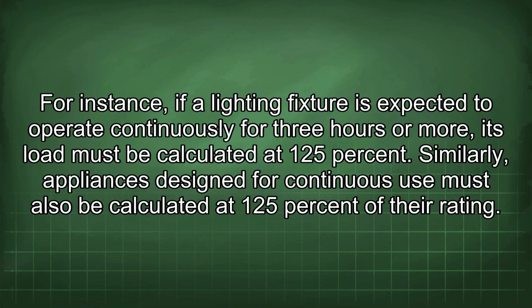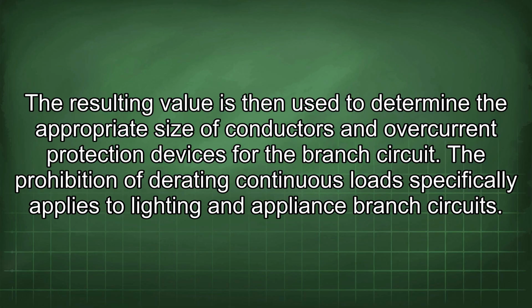Similarly, appliances designed for continuous use must also be calculated at 125% of their rating. The resulting value is then used to determine the appropriate size of conductors and overcurrent protection devices for the branch circuit. The prohibition of derating continuous loads specifically applies to lighting and appliance branch circuits.